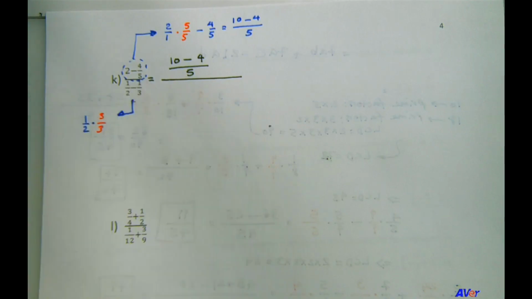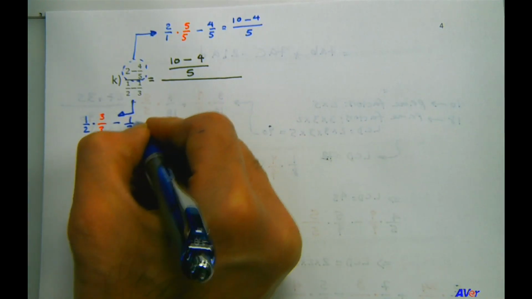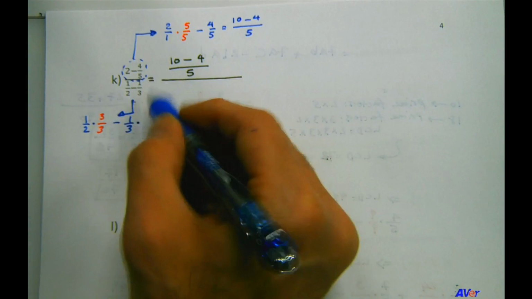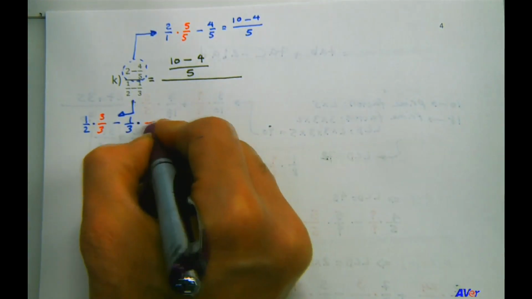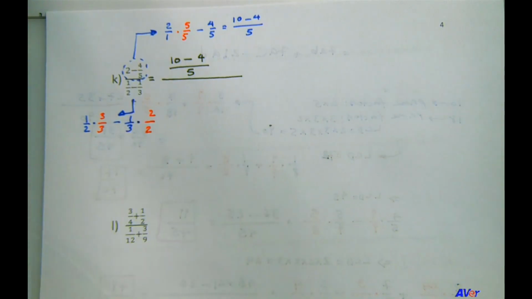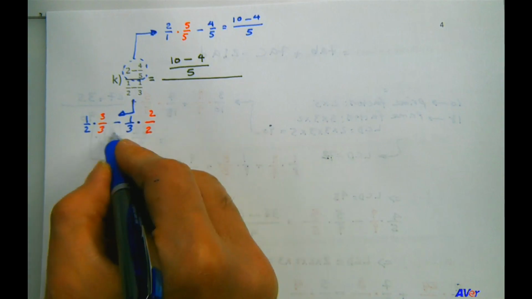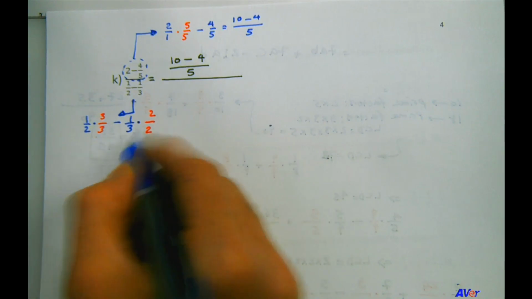Then for minus 1/3, we want to multiply it by a number to get 6, and that would be 2, but we have to do the same thing to the numerator. So then we have 6 as the common denominator.